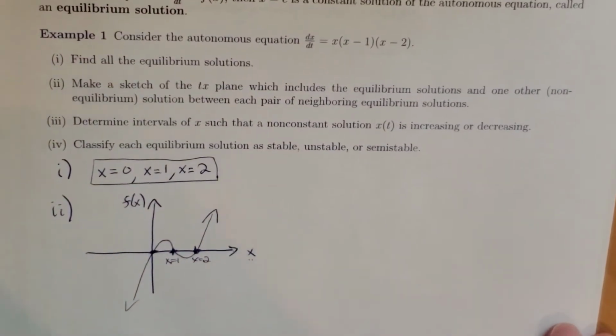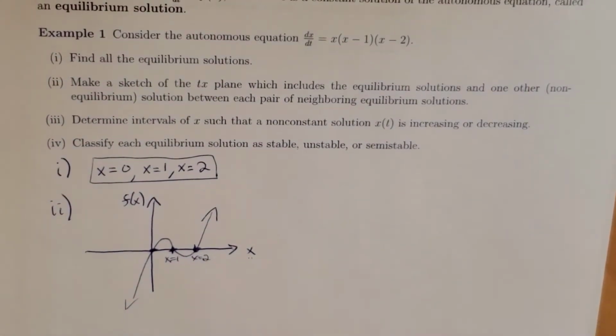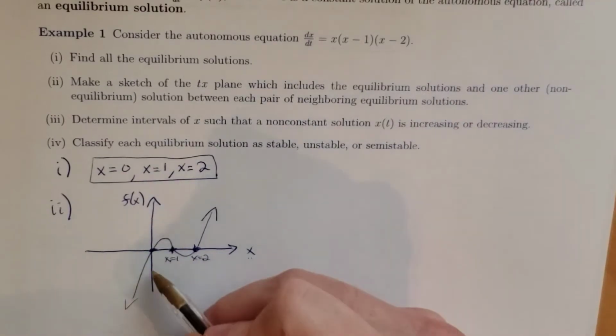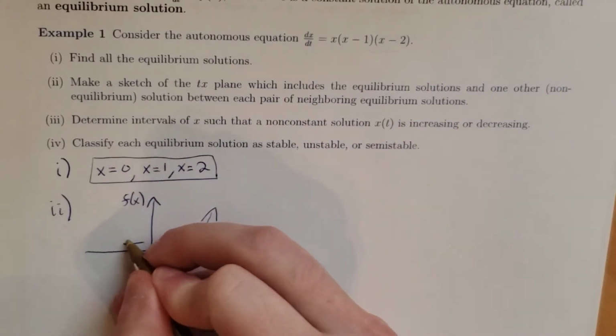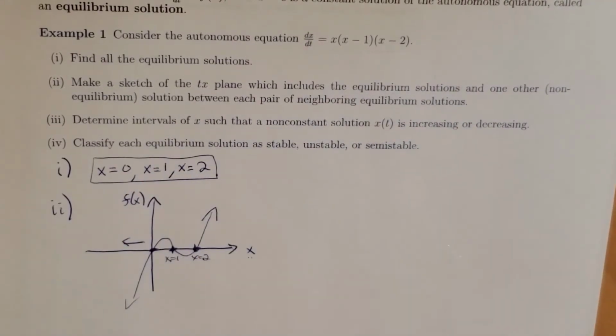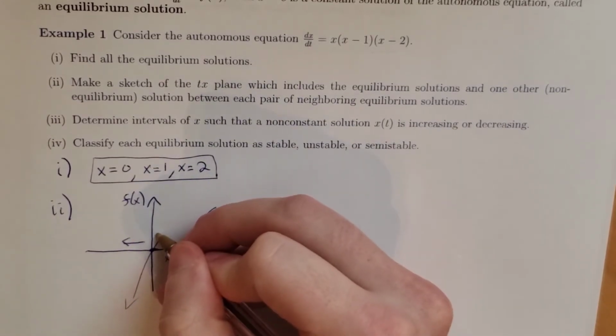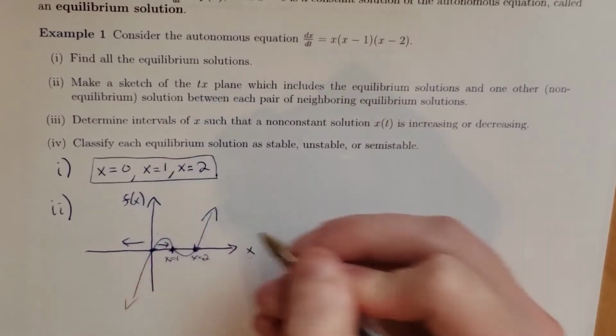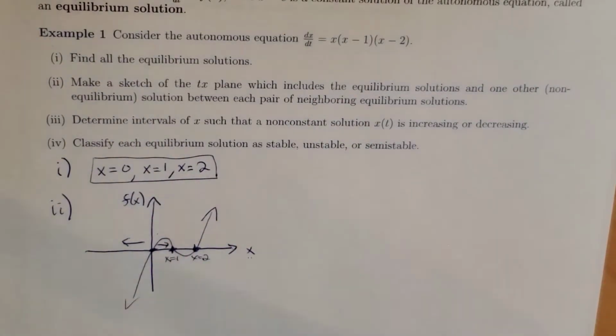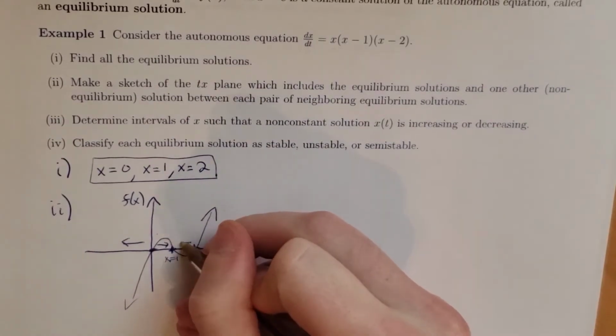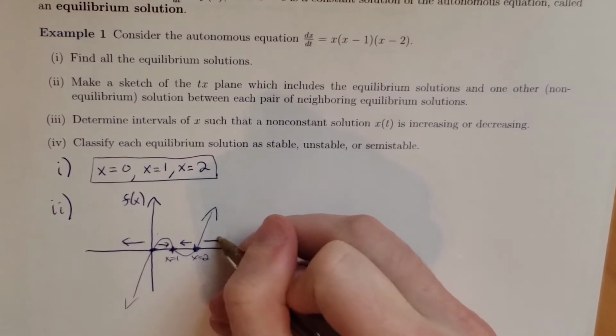So what we want to do with this information is recognize that our derivative is negative in this region. Our derivative is positive in this region. I'm drawing an arrow to the left to represent derivative is negative, an arrow to the right to represent the derivative is positive. Negative, positive.